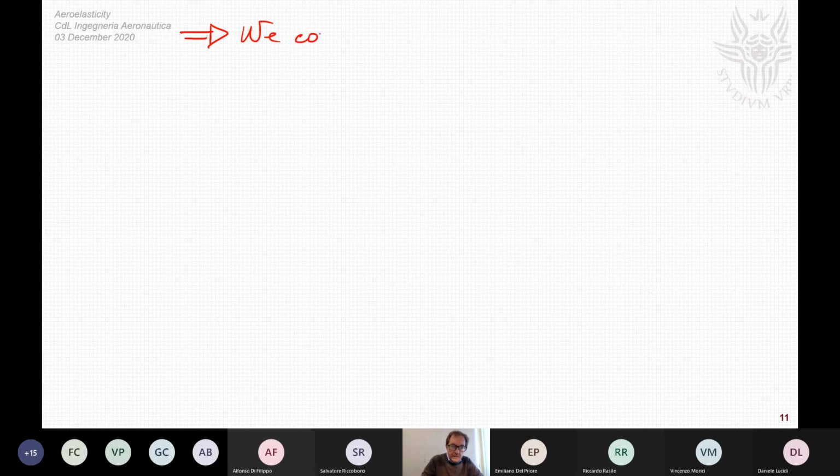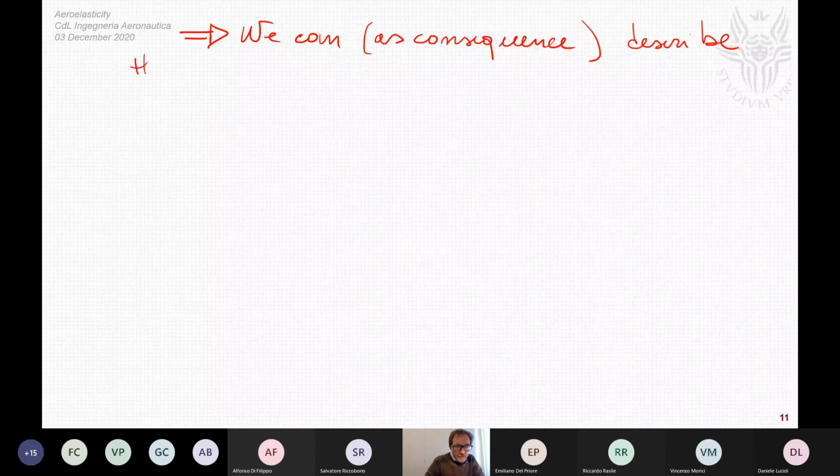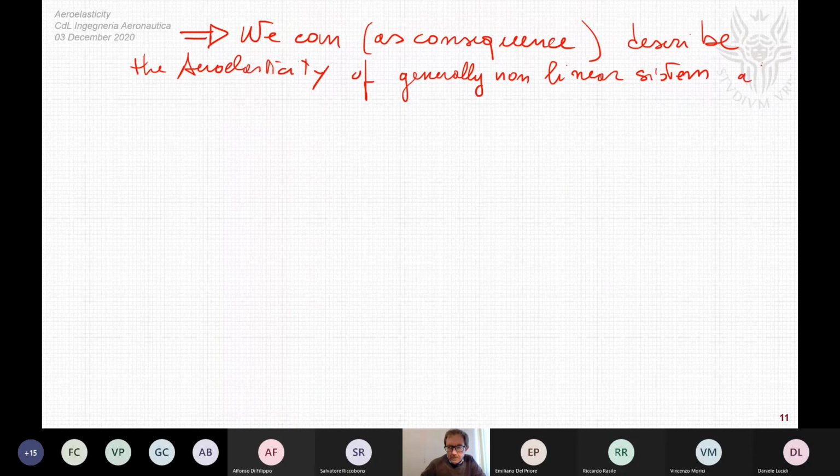We can, as a consequence, describe the aeroelasticity of a generally nonlinear system at three levels of accuracy.